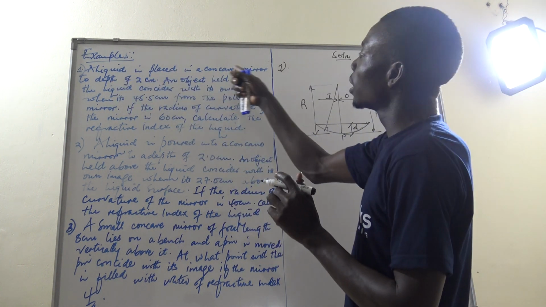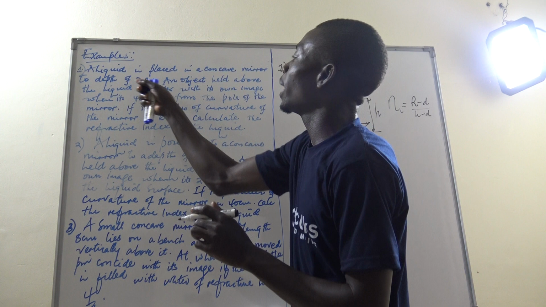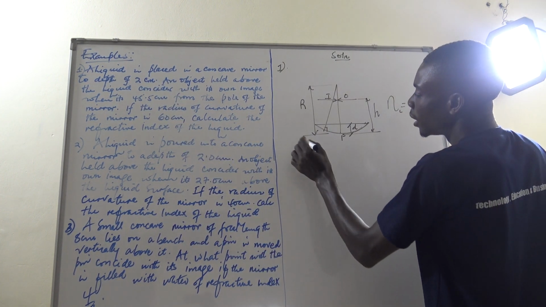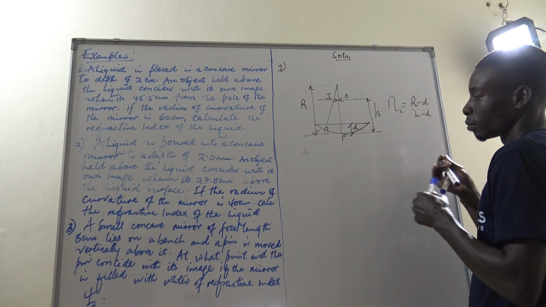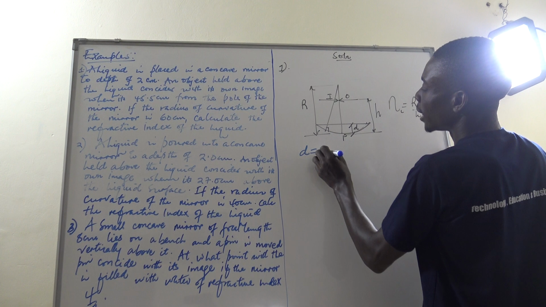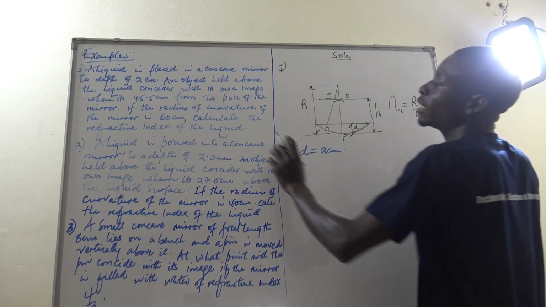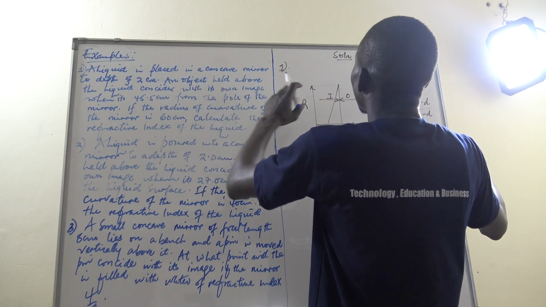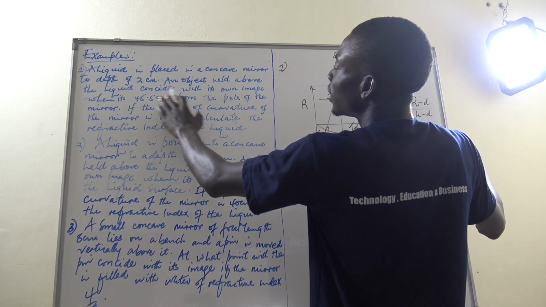If a liquid is placed in a concave mirror to a depth, that means the depth of the liquid, D, has been given to you as 2 centimeters. An object held above the liquid coincides with its own image. The point of coincidence is there.